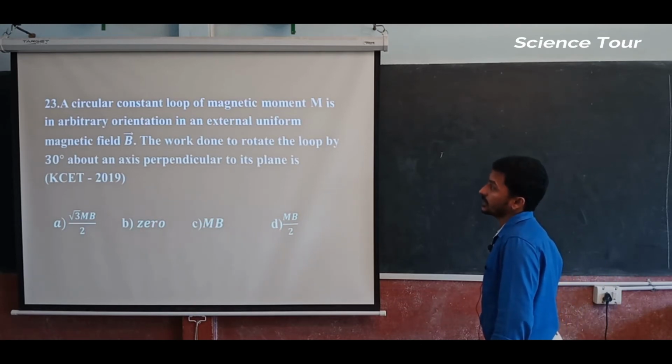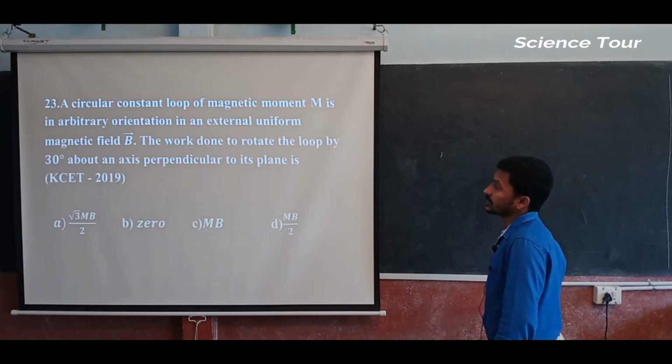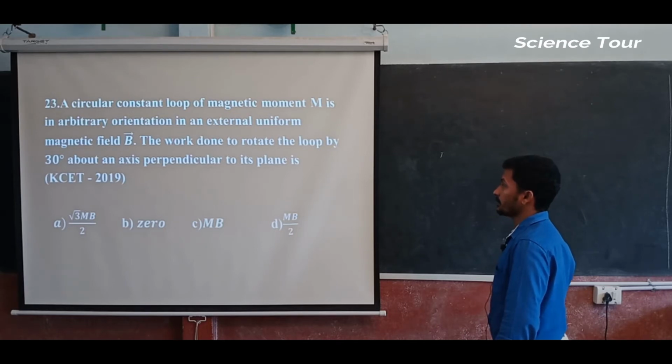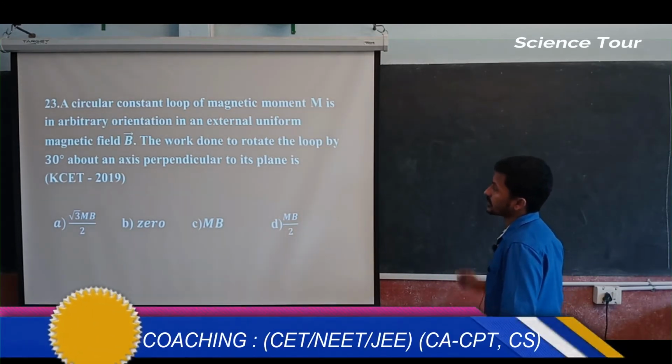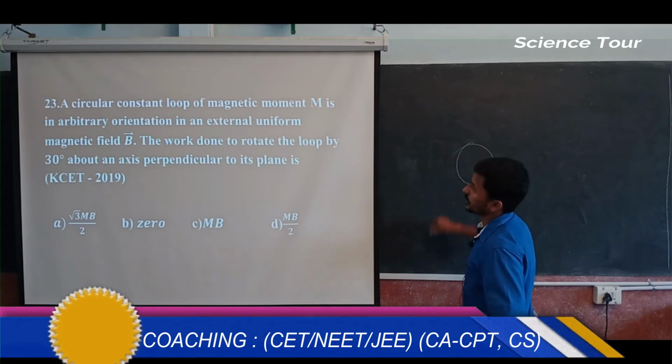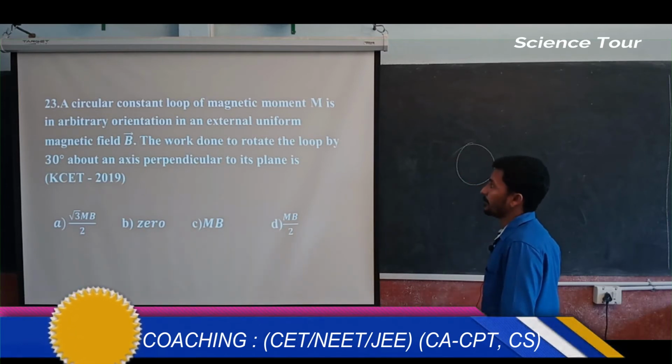The work done to rotate the loop by 30 degrees about an axis perpendicular to its plane is... See, a circular current loop of magnetic moment m.